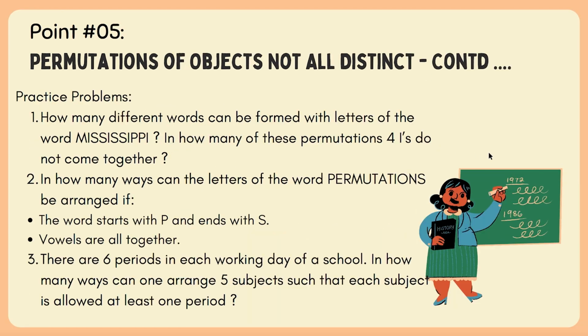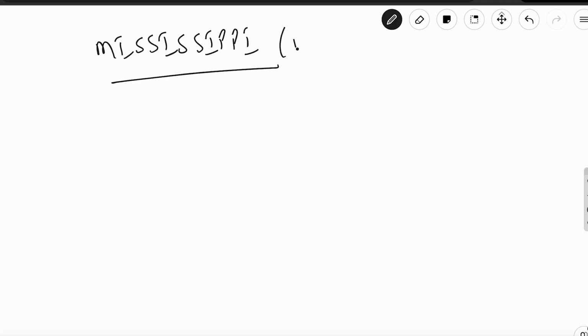Okay, let's practice some more problems. How many different words can be formed with the letters of the word Mississippi? We just saw Mississippi. These are 11 letters.